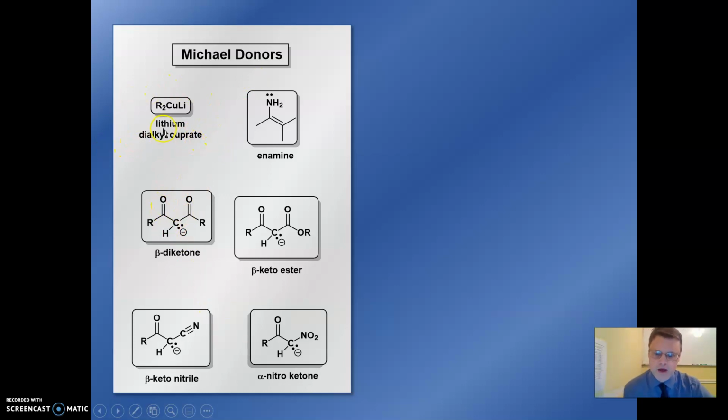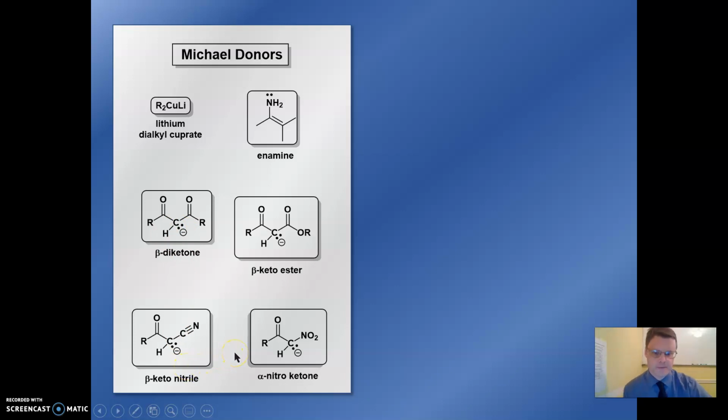We can have lithium dialkyl cuprates. We can have enamines. And then we can have these carbanions, which are very well stabilized. So you can see we've got two electron withdrawing groups on either side of the carbanion. Okay, and so they're significantly resonance stabilized carbanions.